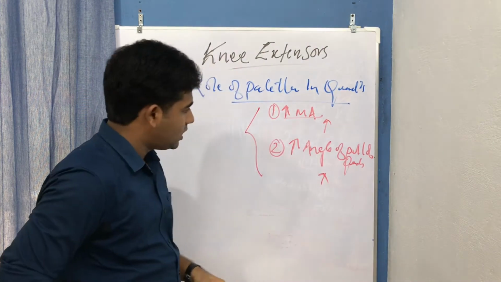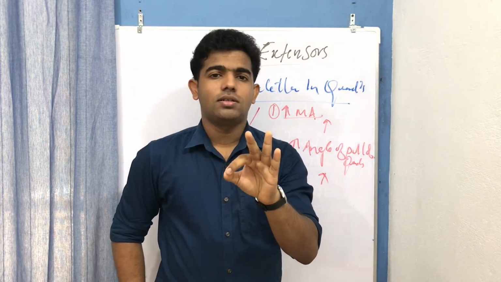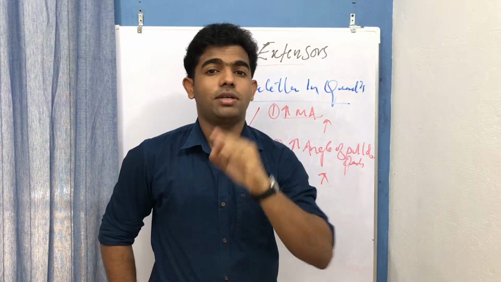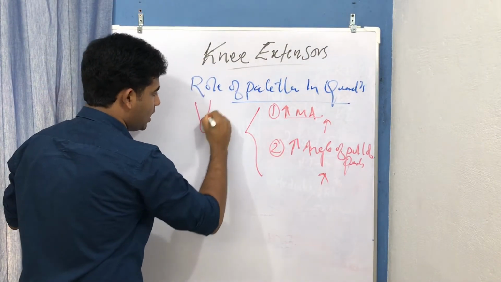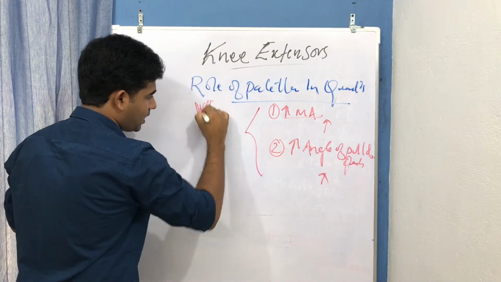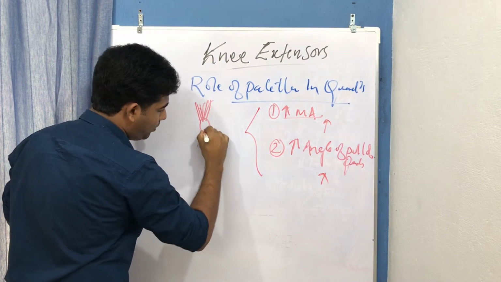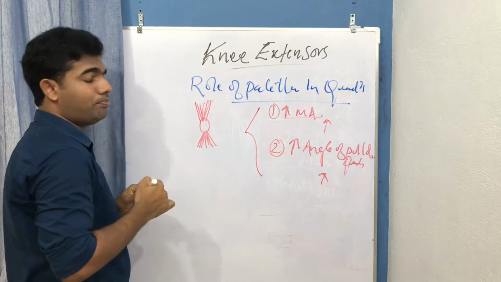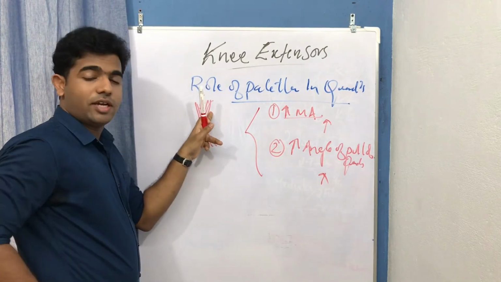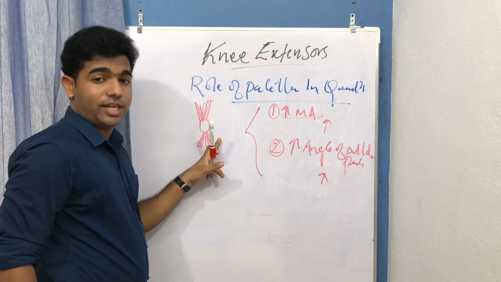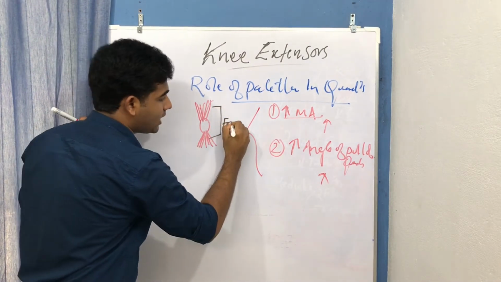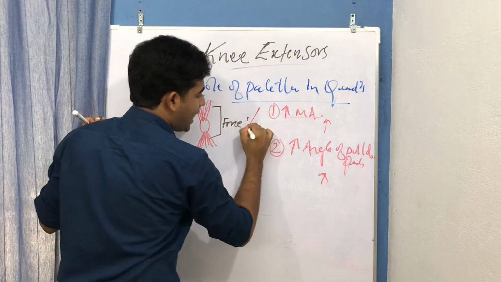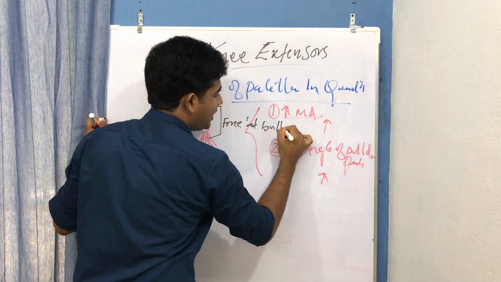But to note, the patella is not a pure anatomical pulley because the force of contraction above the patella and the force below remain completely different. Here you have a greater force and here the force is very different. If it is a true anatomical pulley, the force at both ends should be equal.